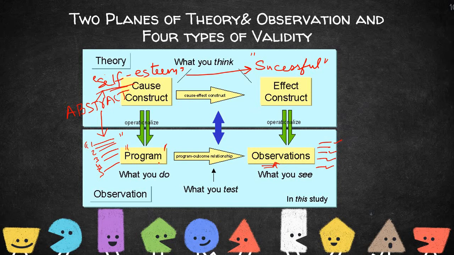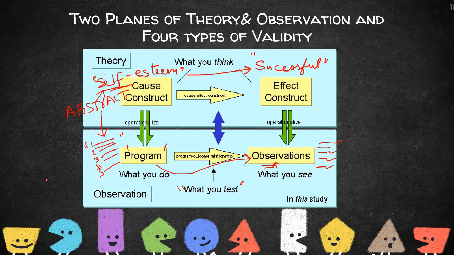Okay, there could be some underlying cause which is responsible for both. So you say your program and observations are related. High score this side means high score that side, so they seem to be related. But whether your program has actually resulted in the observation is something which you want to test. And this is where validity will come into the picture.